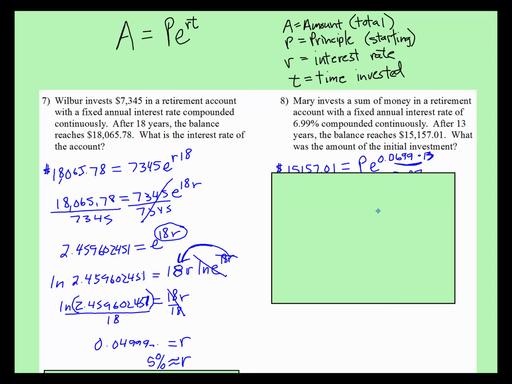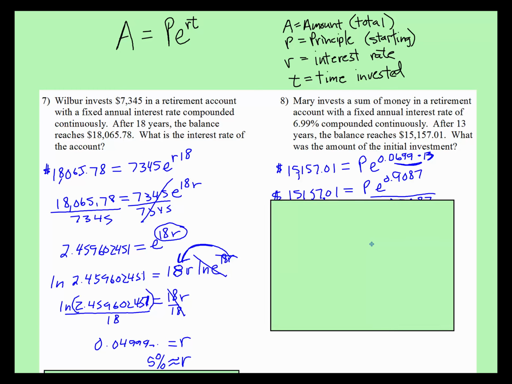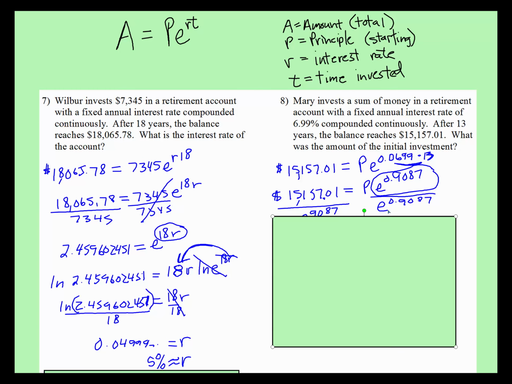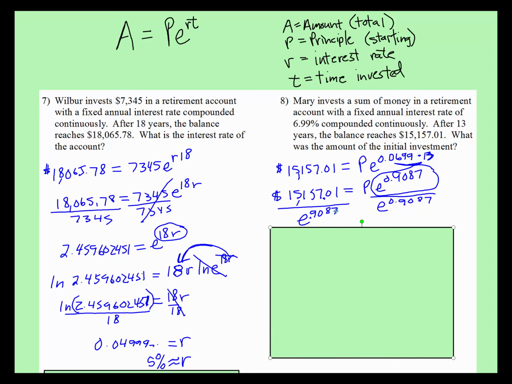So let's go ahead and do that first. 0.0699 times 13 gives us 0.9087. Now, this whole thing right here is attached to P by multiplication. So we're going to divide both sides by e to the 0.9087 exponent.